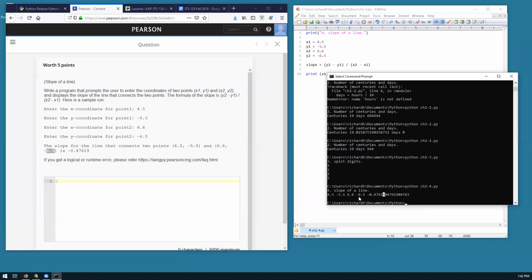You can figure out how to make it look like this if you want to. If we wanted 2 decimal places, we multiply by 100 and then divide by 100. If we want 3, I guess we would multiply by 1,000, divide by 1,000. 4 would be 10,000 divided by 10,000, and maybe 5 would be 100,000 divided by 100,000. I don't know, you can figure that out. Experiment around. Let's do the last one.